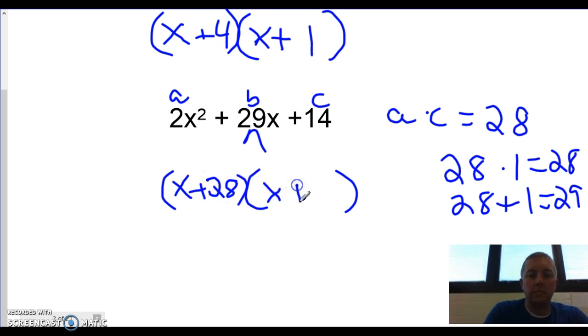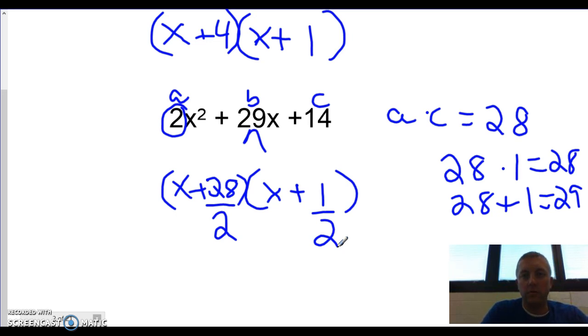and x plus 1. Okay, since we have that a value of 2, we then have to divide each term by that a value. If it simplifies, this 28 divided by 2, if it simplifies to a whole number, just go ahead and rewrite that as a whole number.